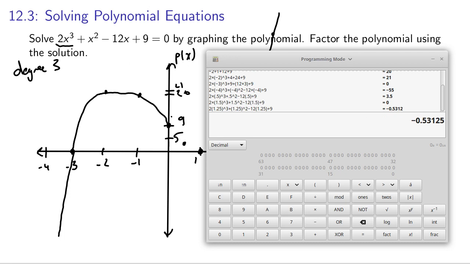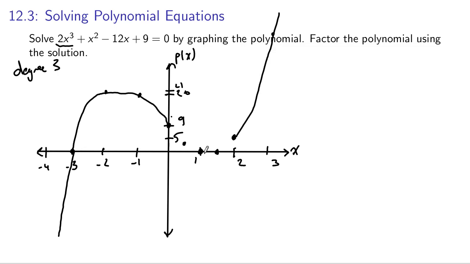Negative 0.5 is just ever so slightly below the axis here. So we can fill in the graph now with our sort of interpolation of these points. Carefully connect the dots, basically.